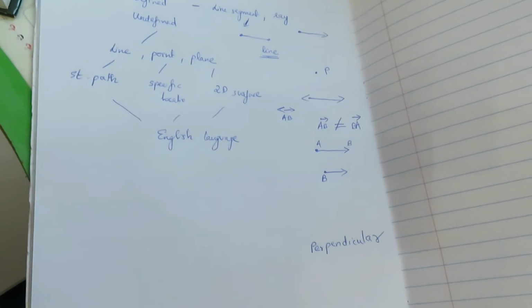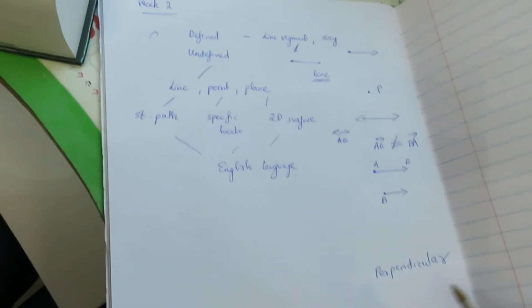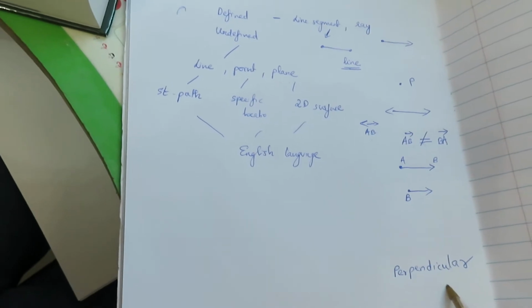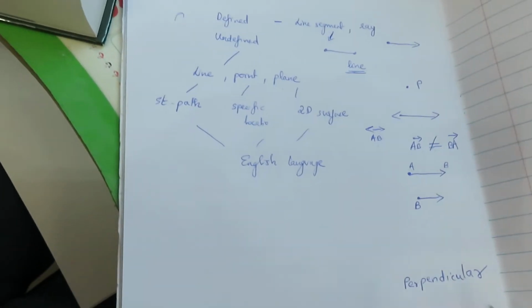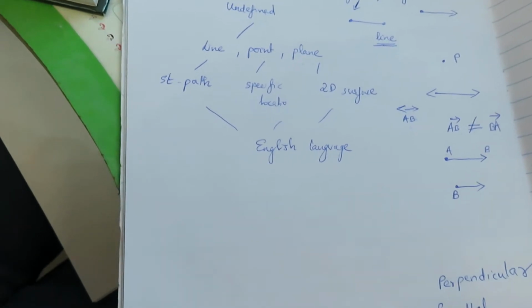They never cross each other. It would be difficult for me to show you exactly the parallel planes here because I'm holding the camera too while teaching you this. Anyway, that's a perpendicular plane, and you know what parallel planes are. They never cross each other, or they never intersect.